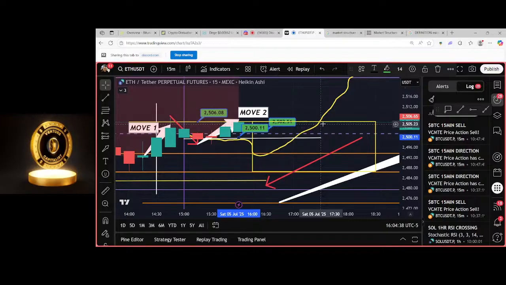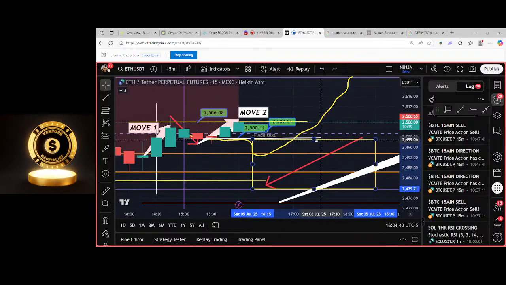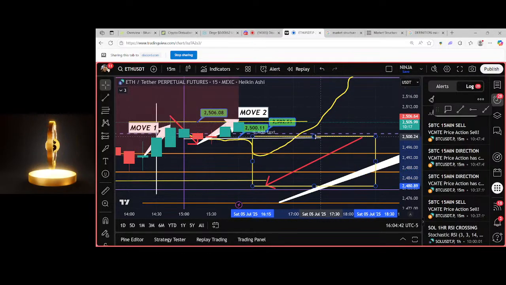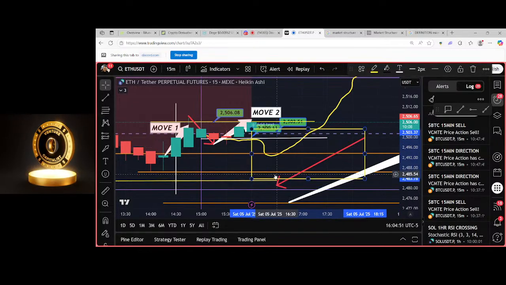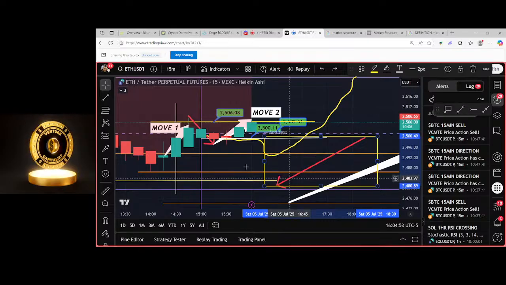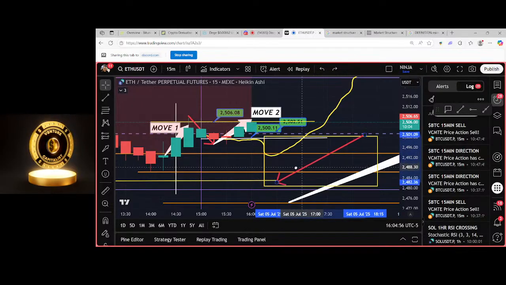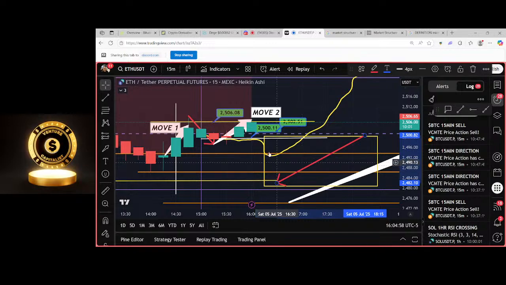Now I'm going to move our yellow box down and say, okay, if we entered at 2,500, that means that we have this entire box coming down for support, and we can go all the way down to the lower part of this box and still find support. So at the end of the day, we still have this support here in orange, this support here in orange, and we still have this here. So we are still in a really good zone of being in profits.